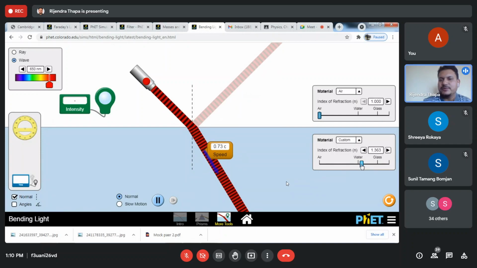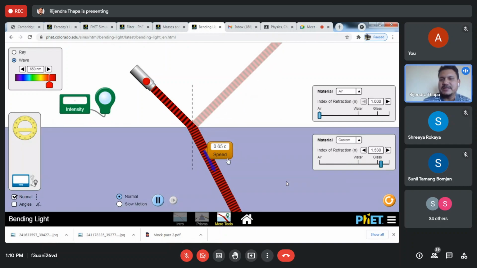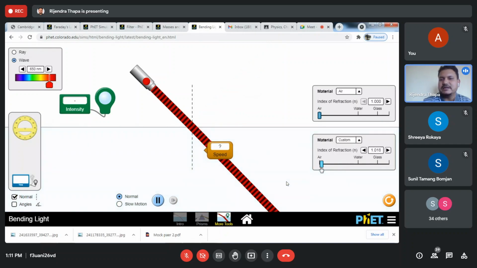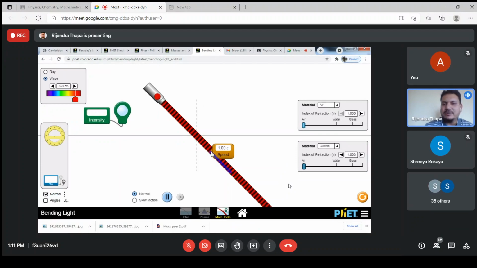When it is glass, it is 0.65 c. And when it is air, then here it is c itself, right? So the velocity of the light is changing depending on the medium through which it travels, okay? As the light travels through the medium, its velocity also changes.